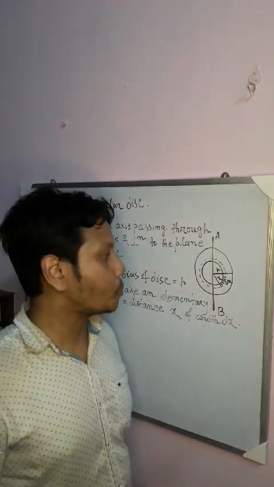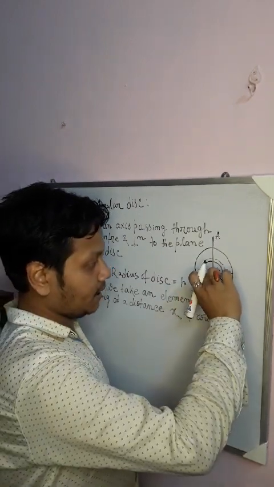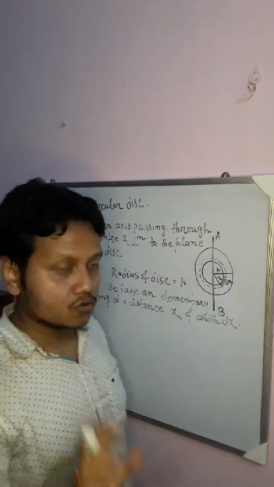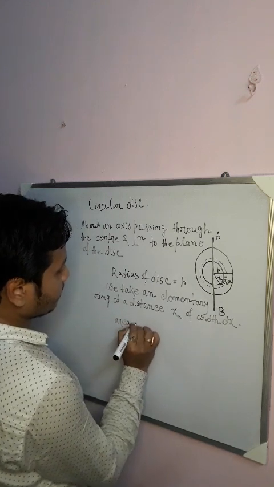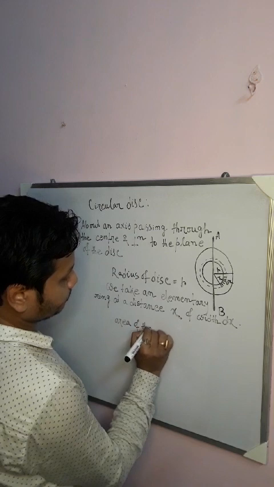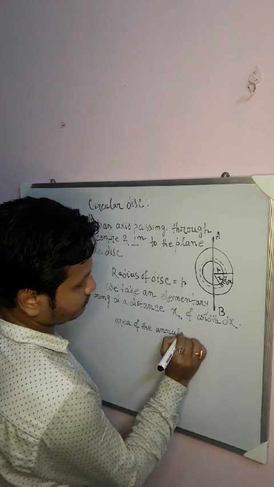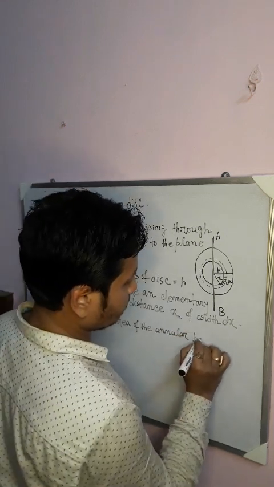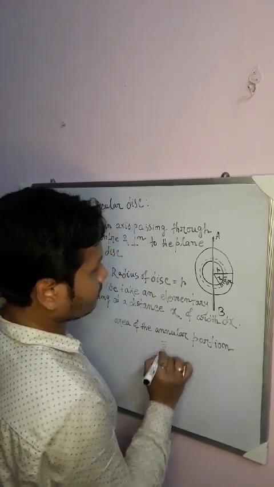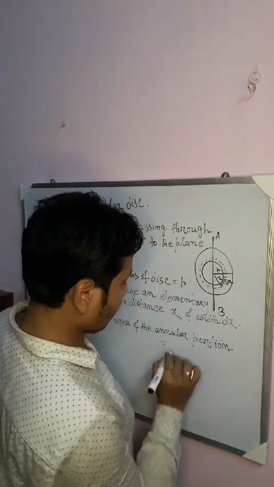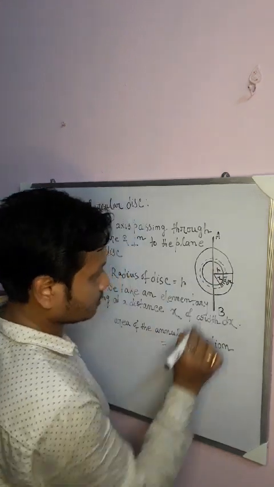So what would be the area of this annular portion? This is x plus dx and this is x, so the area of the annular portion, that is, the cross section is a circle, so we have to find this portion minus this portion.